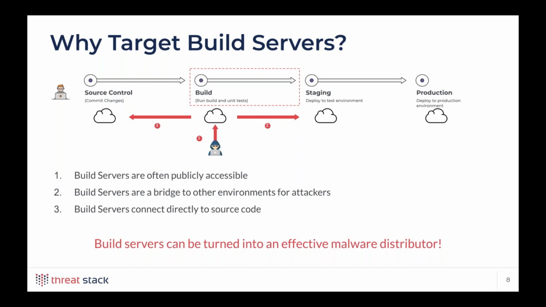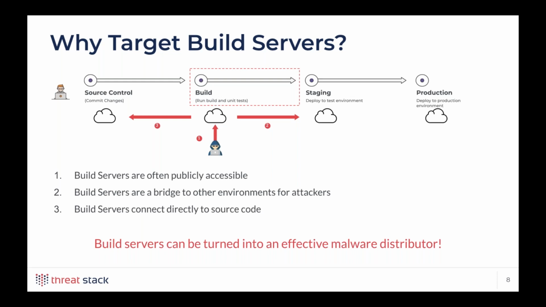Number two, the build server itself can act as a bridge to other environments. For example, an attacker could get access to a build server and then attempt to establish persistence there and then begin looking for ways, whether it's monitoring network traffic or looking for keys, that would allow her to move laterally to other environments like staging and production.